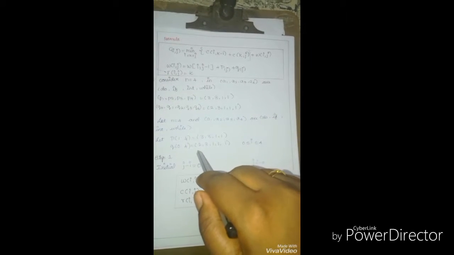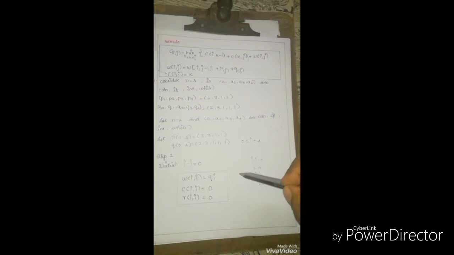Now, to start with the problem, the initial stage is j minus i equal to 0, which leads to the combinations where i and j remain the same: 0,0, 1,1, 2,2, 3,3 and 4,4. So W of i, i will be Qi, the cost of i, i will be 0 and the root of i, i will be 0.